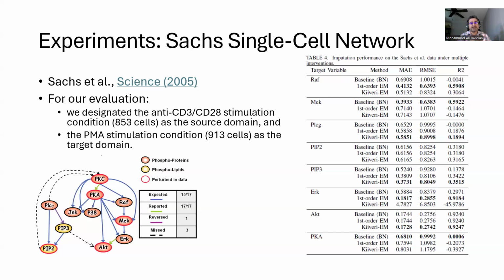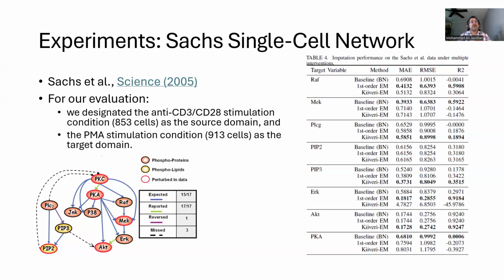What we see here? We see validation. Adapting only the shifted mechanisms gives a strong gain for RAF, ERK, and PLCG, showing the method can leverage cross-condition data to improve prediction.